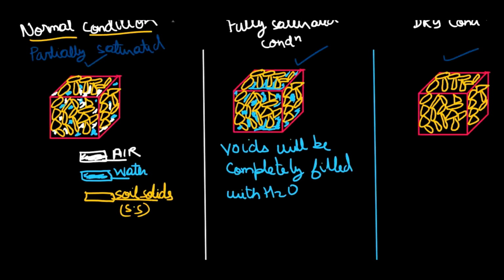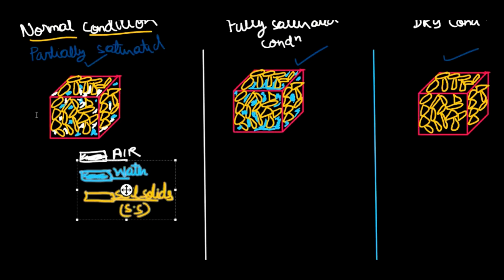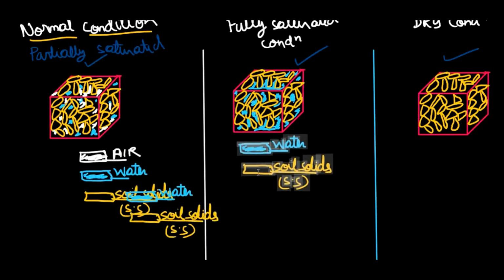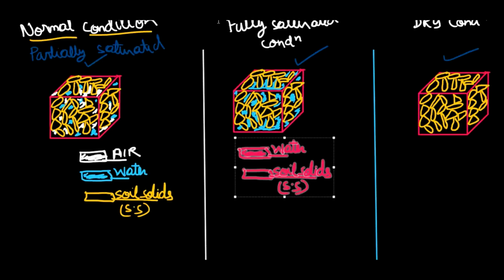All the voids are filled with water only. So we will be having only two things, that is water and soil solids, in case of fully saturated condition. Fully saturated means all the voids are completely filled with water.